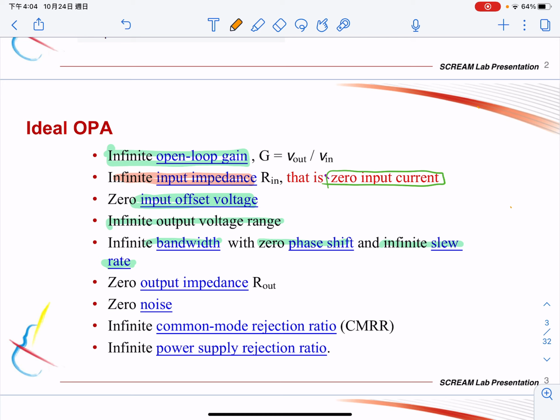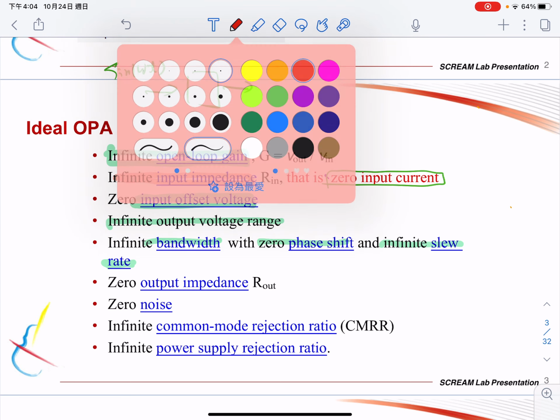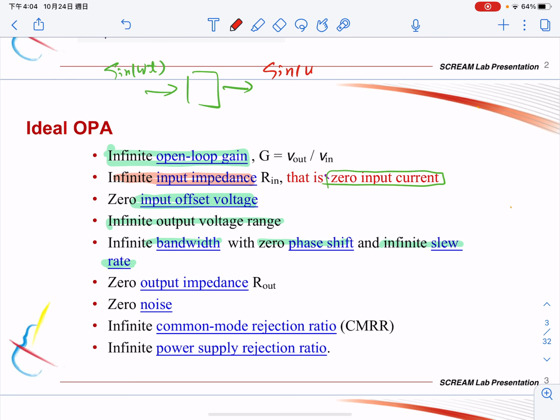For example, if the input is sine omega t, and the output is sine omega t plus phi, and this is some amplification circuit, phi is called the phase, right? If phi is a phase, what does it mean?